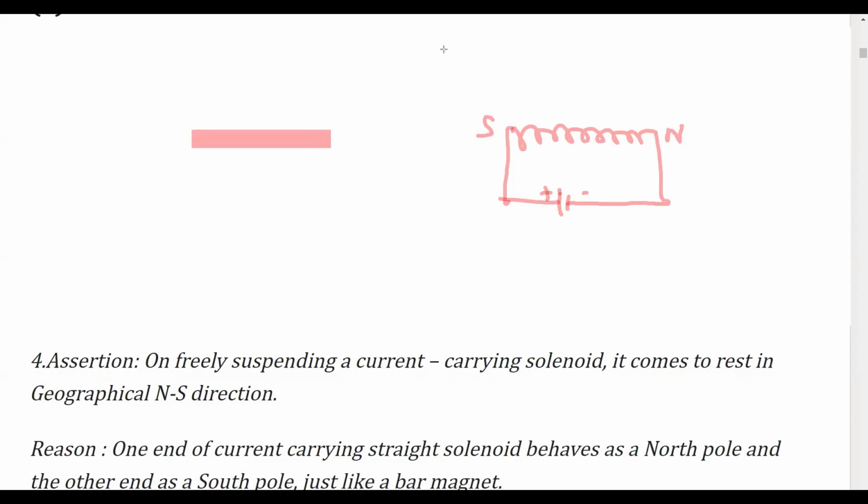Since a freely suspended bar magnet always aligns itself in the north-south direction, this should also align. So here too, the assertion is correct, the reason is correct, and it aligns because they behave like a bar magnet. So it's option A, where the assertion is correct, the reason is correct, and is the correct explanation.